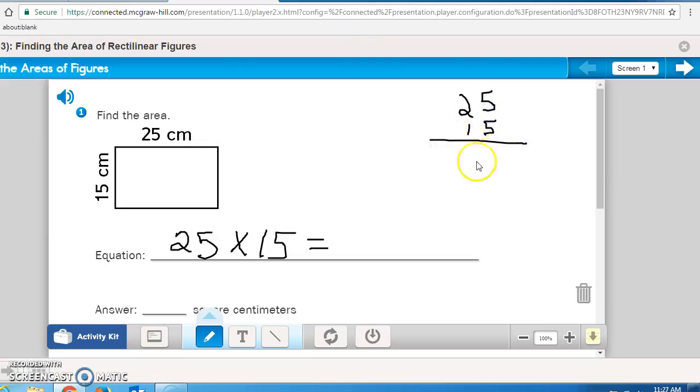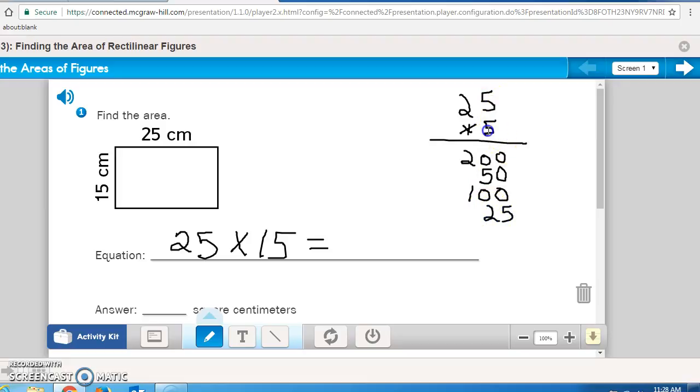So when using partial products, you take 10 times 20, which is 200. Then you take that 10 spot and multiply by the 1 spot, so 10 times 5 is 50. I'm done with the 10 spot, so I go to the ones. 5 times 20 is 100. And then I take 5 times 5, which is 25.